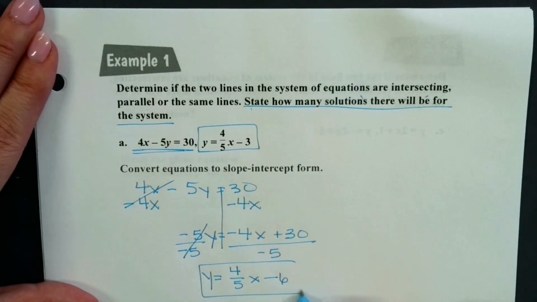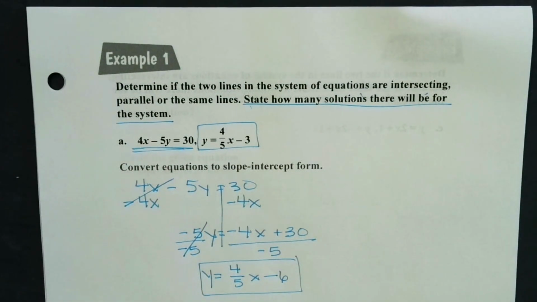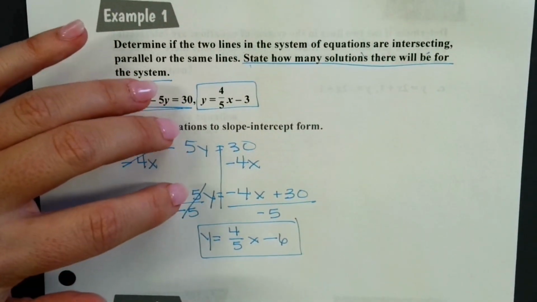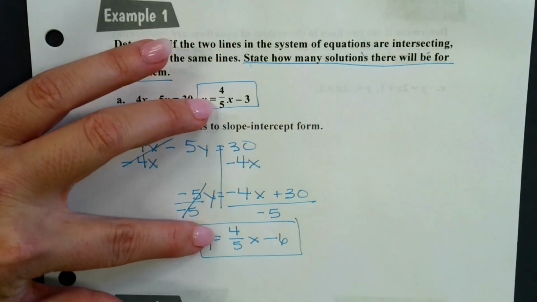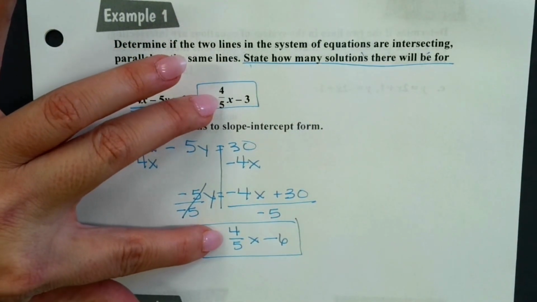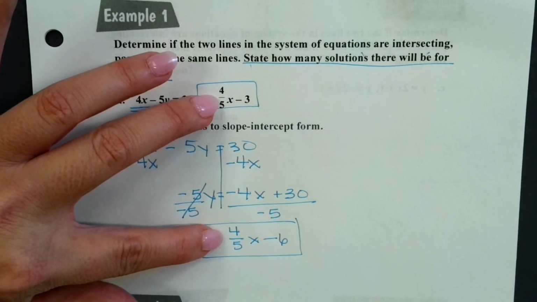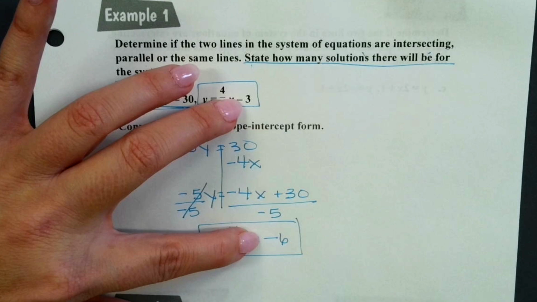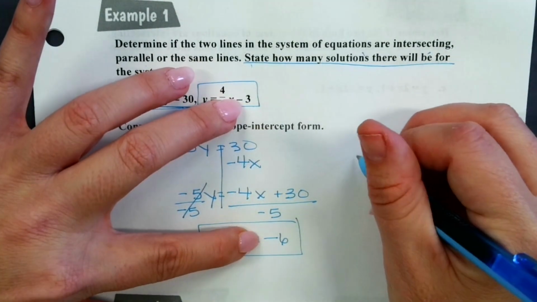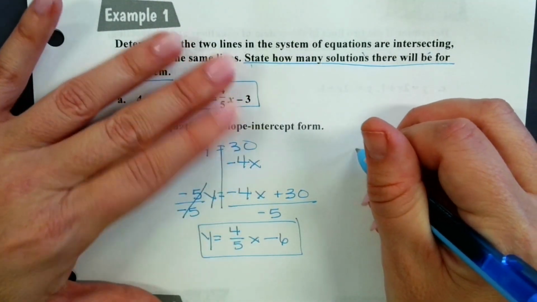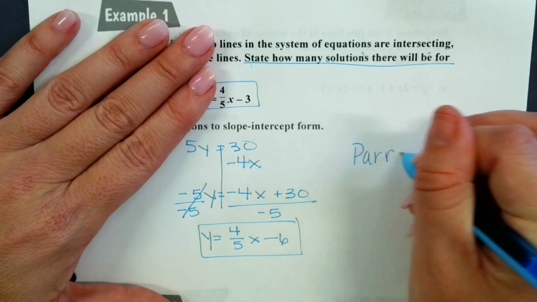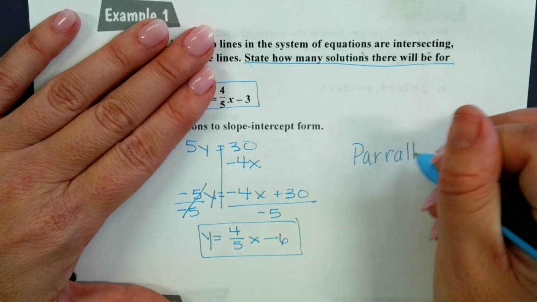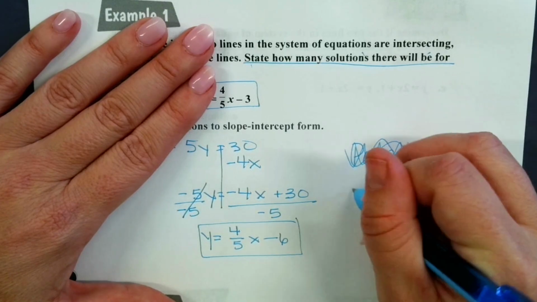Okay, so here's my two equations. I tend to, guys, I'm not going to lie, I box them in so I know what I'm looking at. So I'm comparing these two. What's the first thing you notice? Same slope. Same slope, so what's the next thing I have to check? Y-intercept, and it is? Okay, so what do I say? Parallel? Oops, I just totally did not spell parallel right.